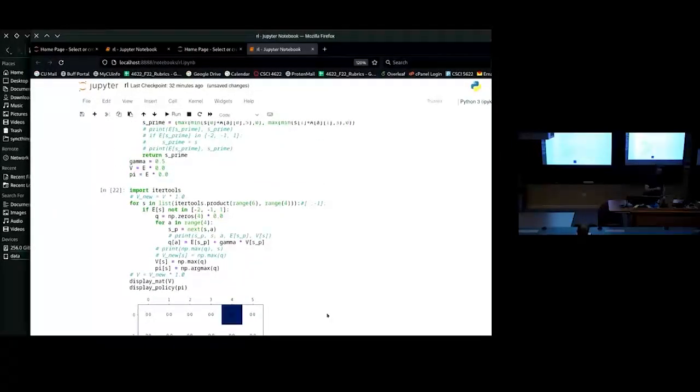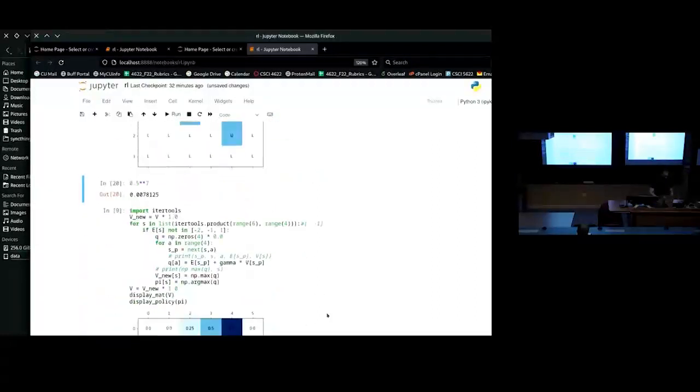Now, if we do the synchronous one, so in the synchronous one, we keep a copy of our value function at the beginning. I'm calling it vnew. I am doing the updates queue, but I'm only saving them in vnew, okay? So queue here still depends on the old value function. I'm not using the new one, okay? In the last method, which is the asynchronous one, v and vnew are the same, okay?